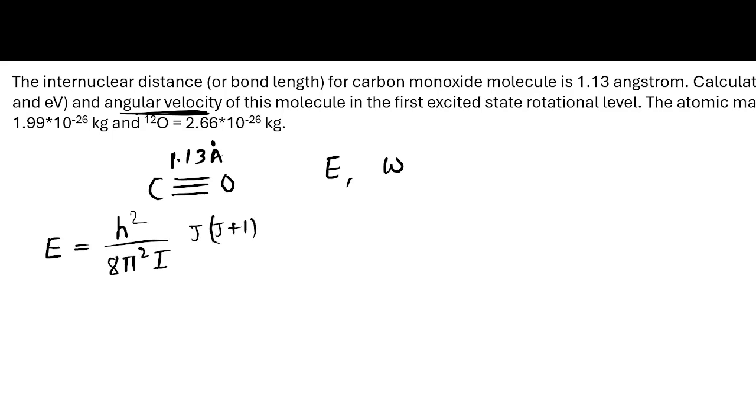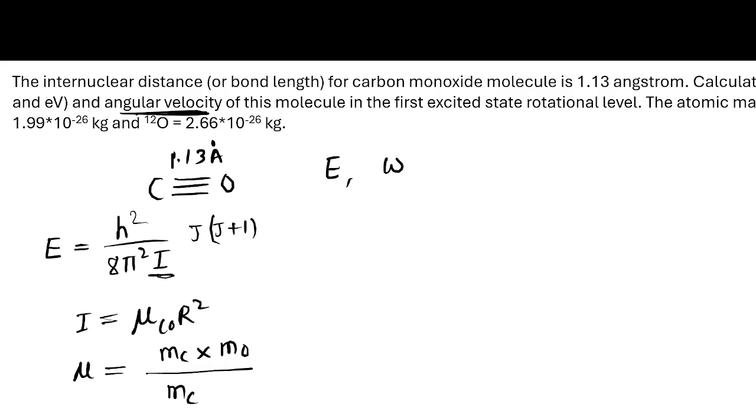So to calculate the energy, we need the moment of inertia. For a diatomic molecule, moment of inertia can be written as mu r square. Now we have to calculate the reduced mass, mu. So how can we calculate that? The mass of carbon times the mass of oxygen over the atomic mass of carbon plus the atomic mass of oxygen.